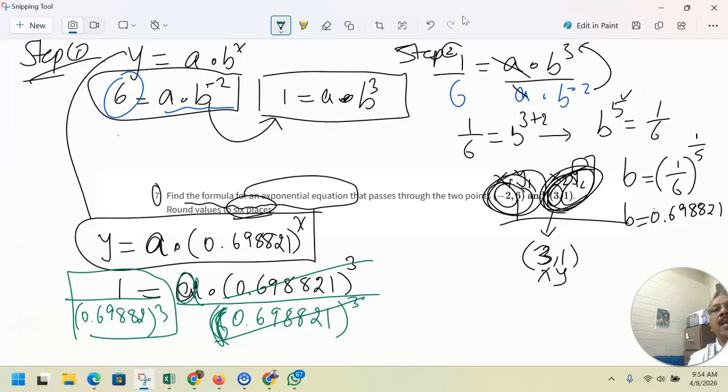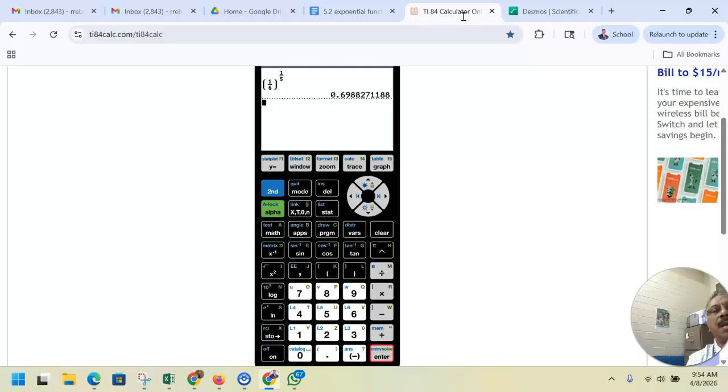So here is the calculator. I'll clear this. Because there is a fraction, 1 over it, you put 1, go down, and open parenthesis, 0.698827.